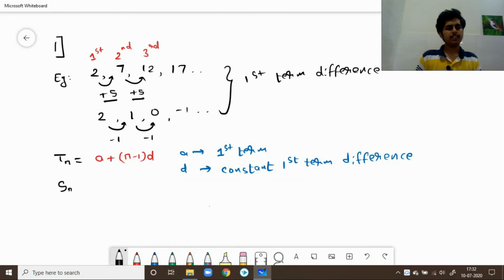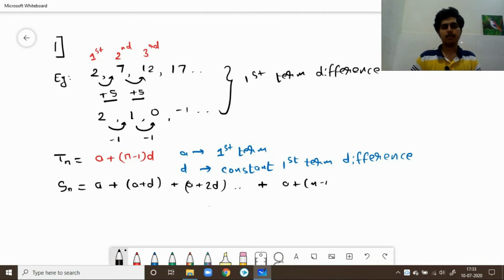Now the second thing which I was talking about, we call it Sn. Sn is nothing but the sum of the first n terms of an AP. So what would this sum look like? You can take some general terms: the first term will be a, next term will be a plus d, then a plus 2d and so on till the nth term, which is a plus n minus 1 times d.